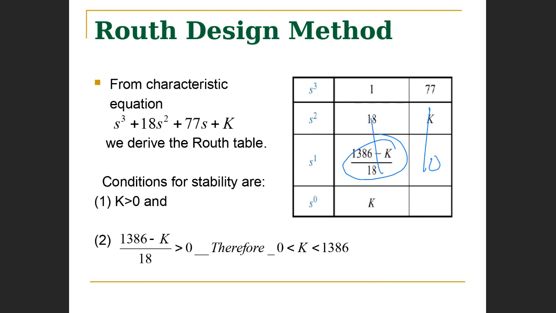So it's 18 times 0 minus, of course, that's going to be 0. 0 minus k times 1386 minus k over 18, all divided by, let's see if I'm doing this right, all divided by k. Is that correct? Good. All divided by k.